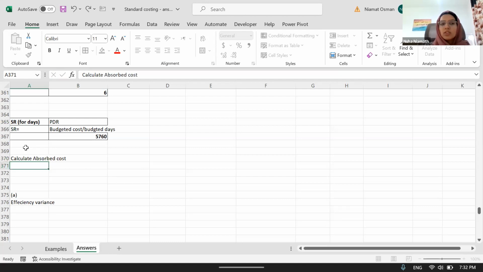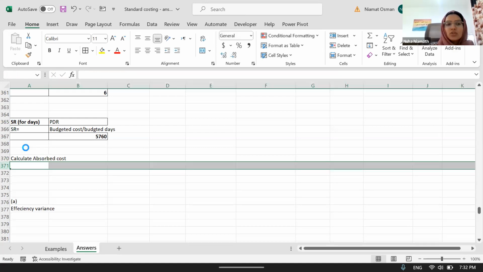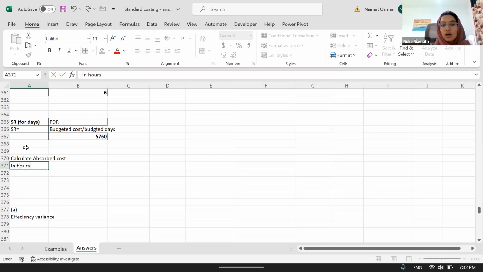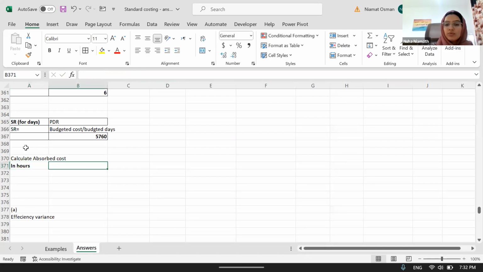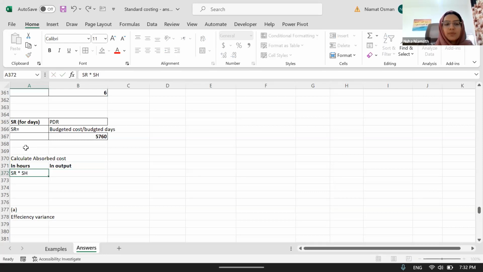So absorbed cost is to be calculated. And as always, we can calculate it on the basis of hours or in terms of output. Correct? In hours, what is the formula? SR into SH for actual output. Here we will directly do SR into what is in the terms of output? SR into, come on everybody, AO. Correct.